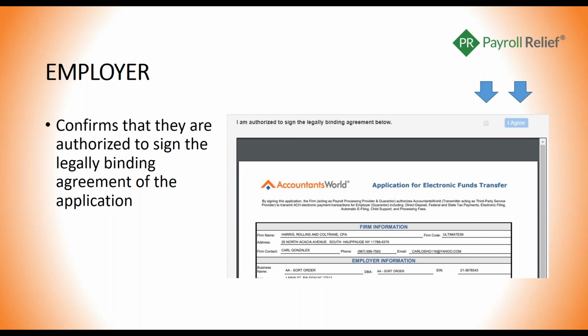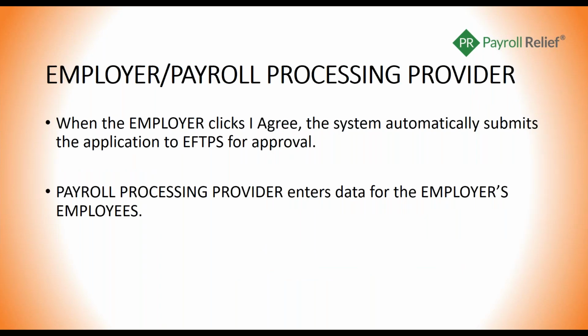Next, the employer confirms that they are authorized to sign the legally binding agreement of the application by selecting the box next to the statement and clicking the I agree button. When the employer clicks I agree, the system automatically submits the application to the Electronic Federal Tax Payment System, or EFTPS, for approval.